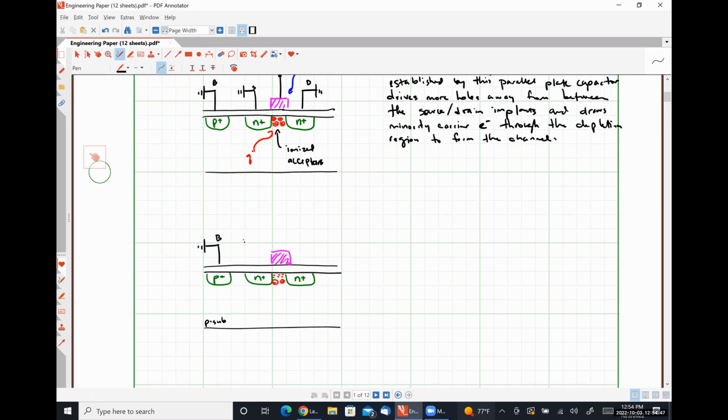Here's our body. I made that ground symbol too large. Here's our source. Here's our drain. And our voltage VG is much greater than 0 because it's on the order of a volt-ish. Okay.